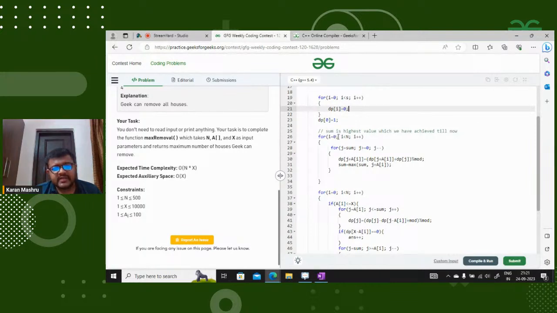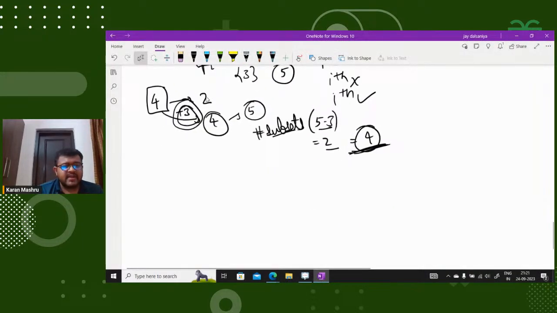Now understand this: if I want to include the ith element, then j varies from sum to 0. From 0 to sum, I have got the sums of some of the elements till now. Suppose my dp of 2 is 4, and the current element is 3. It means there are 4 subsets whose sum is equal to 2.